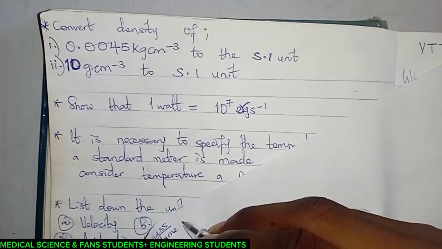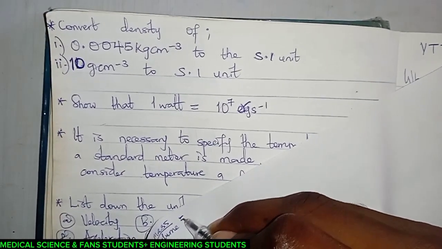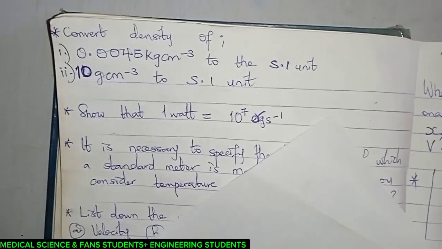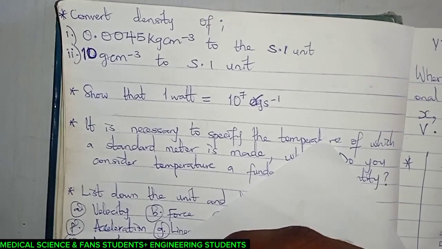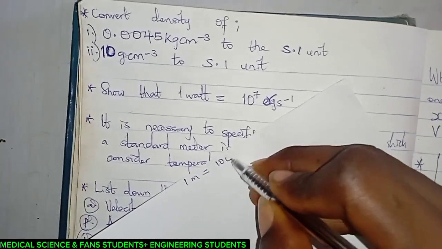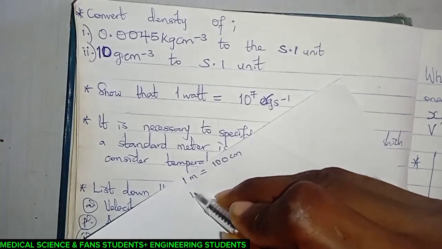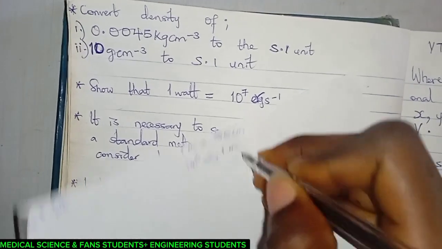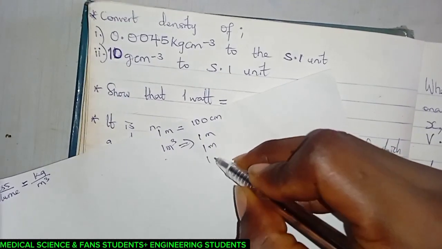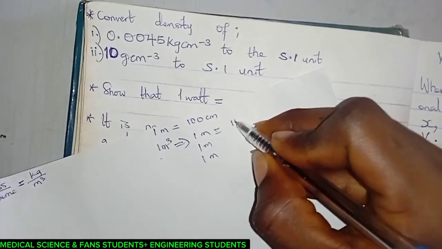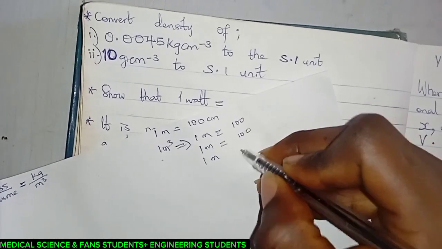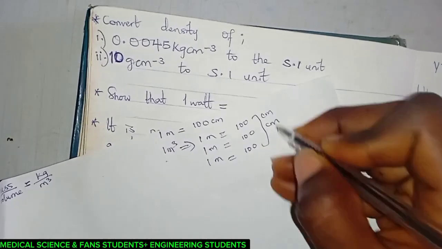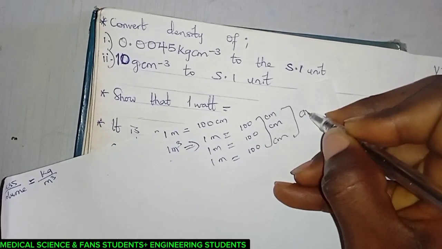So mass is the amount of something contained in a thing. So kilogram over meter cube is the SI unit. So what we just need to do is to ask ourselves, 1 meter equals 100 centimeter. 1 meter cube is the same thing as saying 1 meter times 1 meter times 1 meter, so this is the same thing as saying 100 centimeter cube.